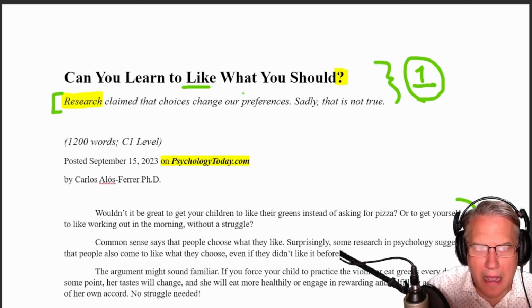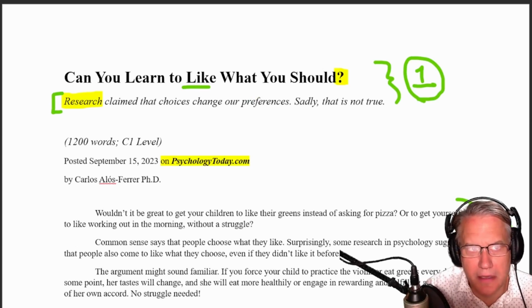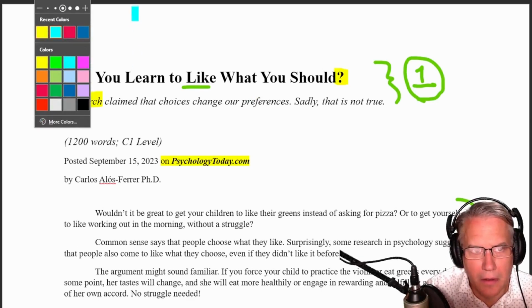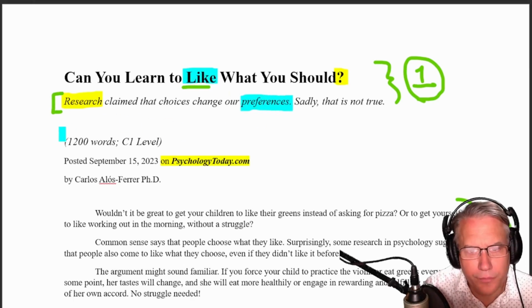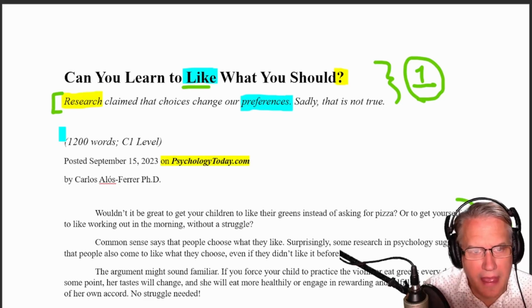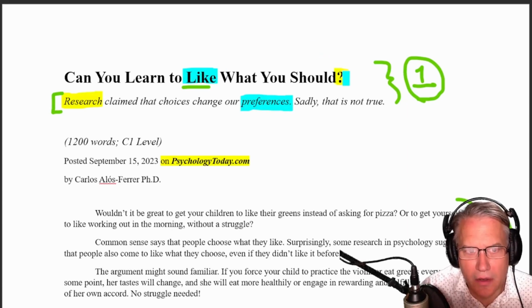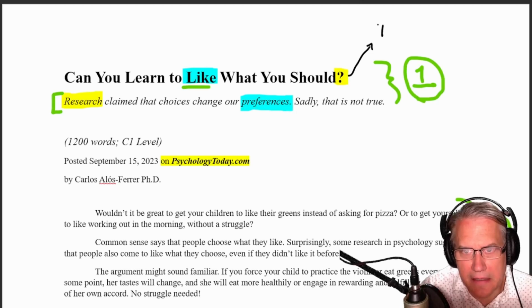The two things that jump out at me are the liking and preferences. Also, I see that this is a yes, no question, right? It's can.